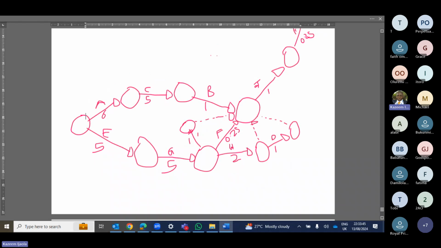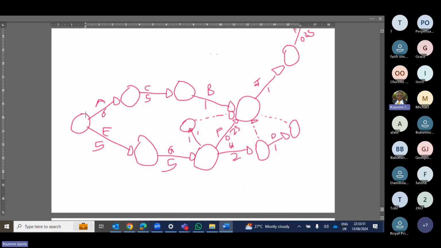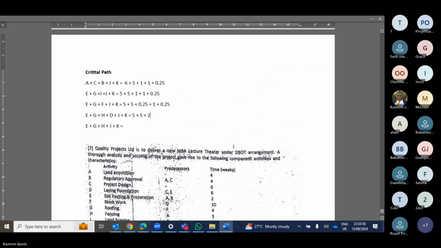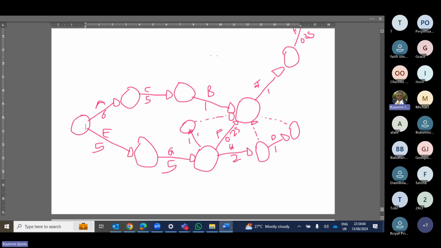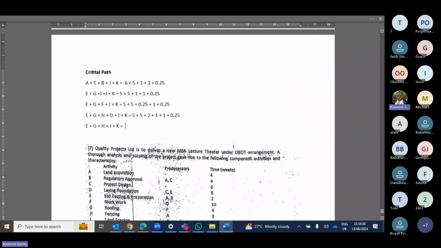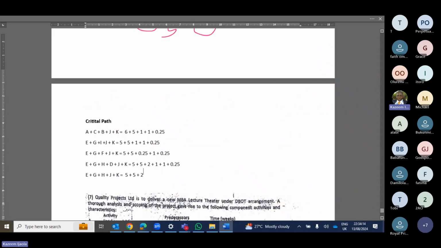Then EGH 5, 5, 2, D is 1, so 10.25. Then EGH 5, 5, 2, JK, 10.25.